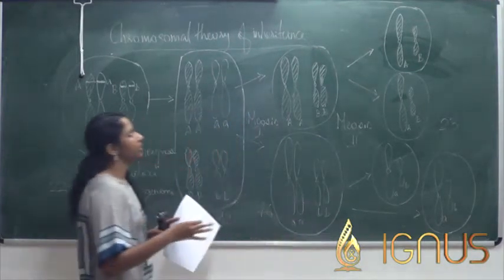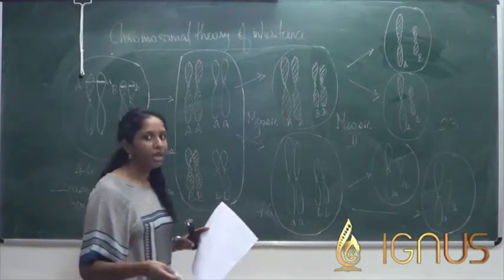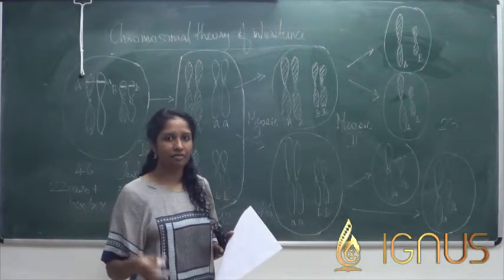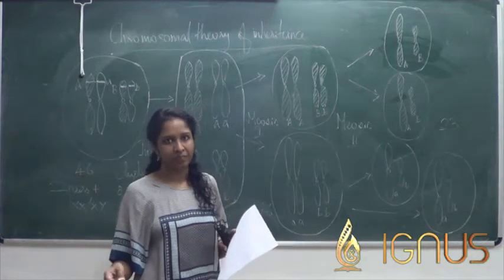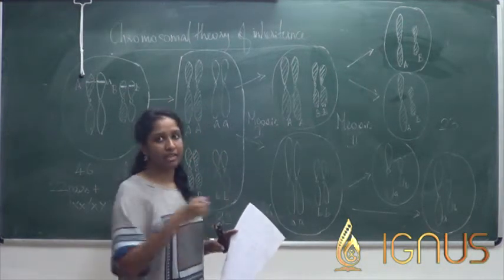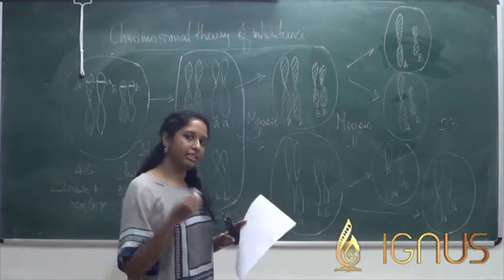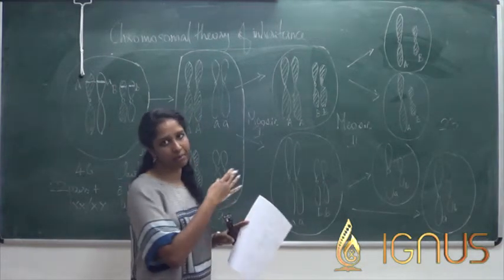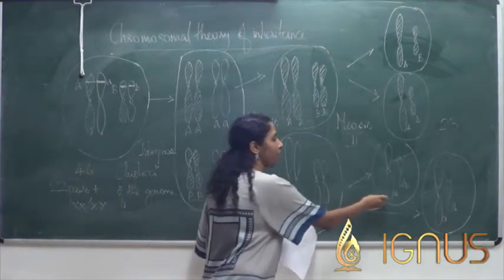So the chromosomal theory of inheritance is nothing but a physical proof, a biological proof at a cytological level, at a cellular level, that whatever Mendel postulated is true. Chromosomes carry the genes, which he postulated as factors, and the chromosomes are passed on from the parent to the offspring through the gamete.